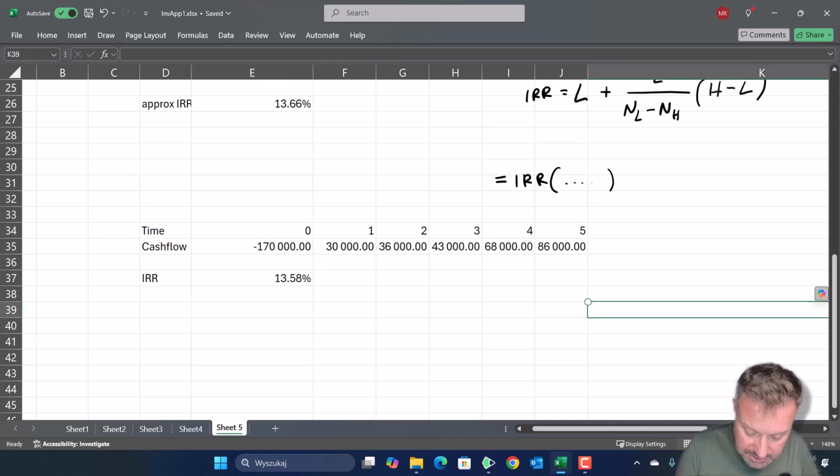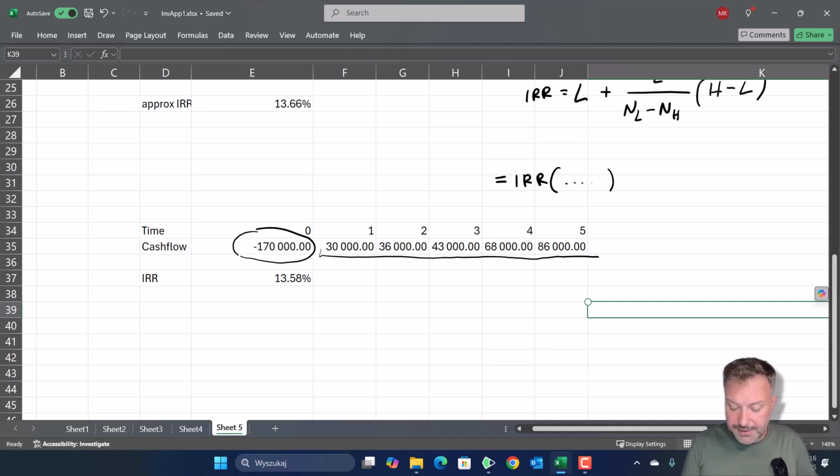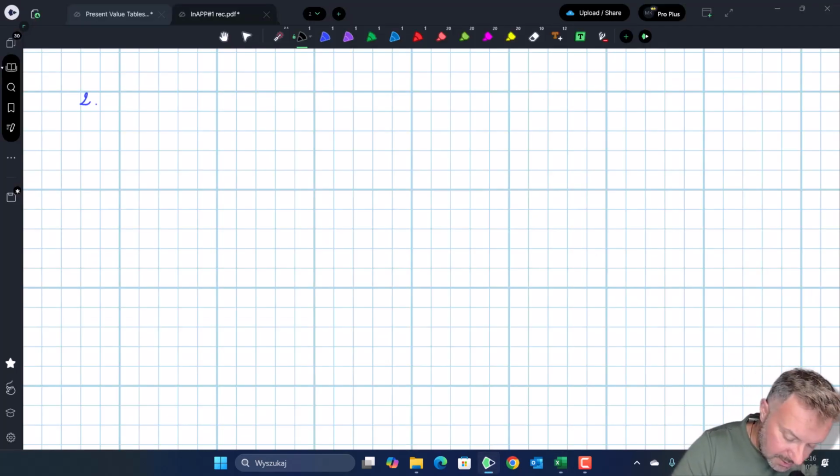simple in the sense that in the beginning I have a negative cash outflow, the initial investment, and then it is followed only by positive cash returns in the following years. Let me graphically show them here. I have a negative cash flow and then a series of positive cash flows.